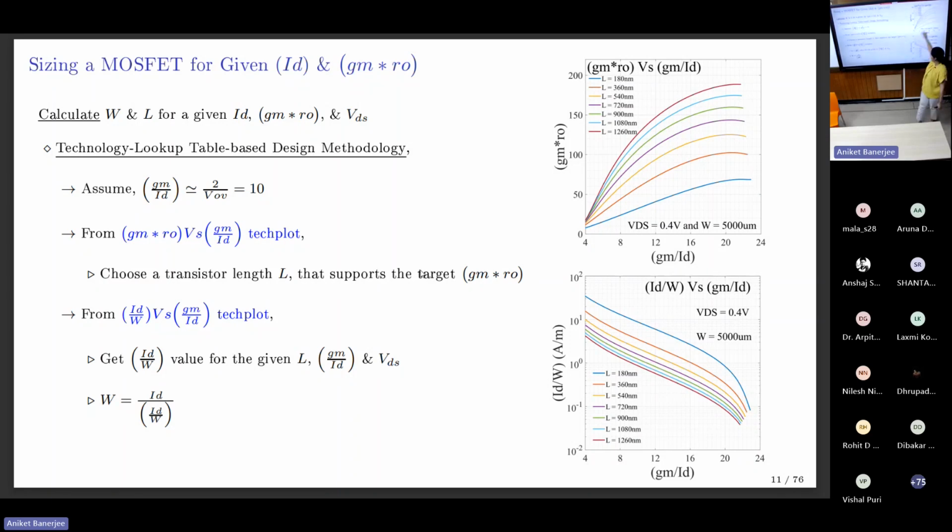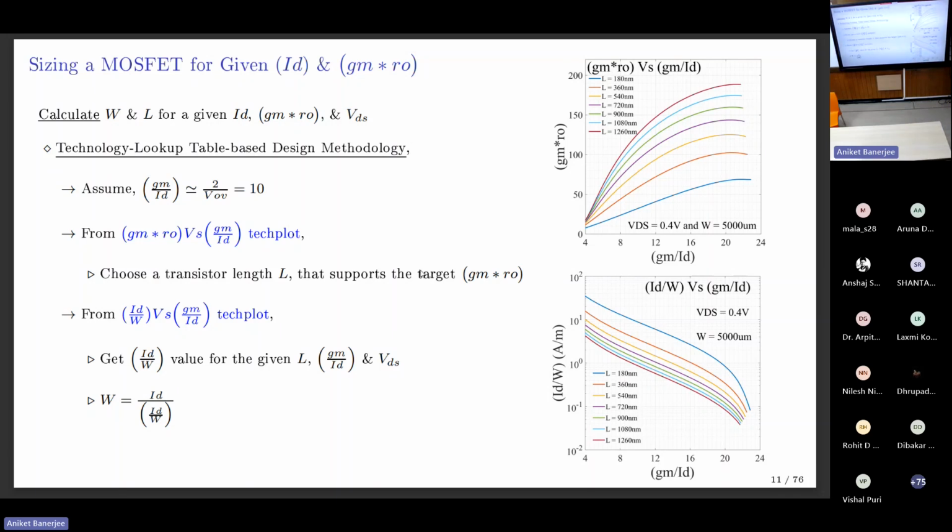What else do I need? I come to the sizing plot, which is ID/W versus gm/ID. I know gm/ID again, 10. Length I know, so I can go get ID/W. So the idea is, for any figure of merit you're trying to reach, like gm*ro, fT, etc., get the tech plot of that first.